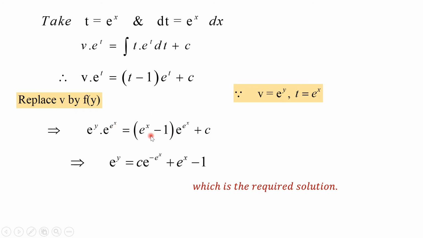Thus we get (e raised to power x minus 1) e to the power x plus c. Here we have divided both sides by e raised to power x. Thus we get e raised to power y equals c e raised to power minus e raised to power x plus e raised to power x minus 1, which is the required solution.